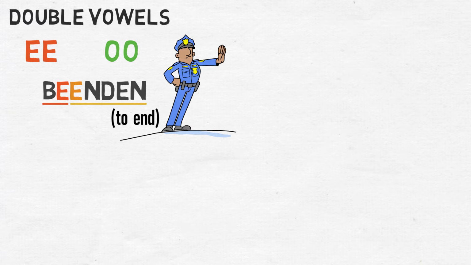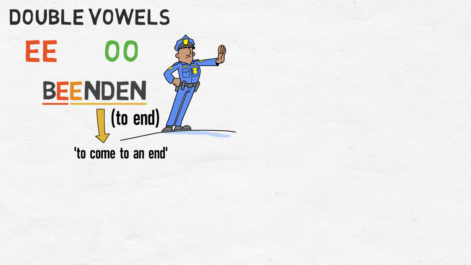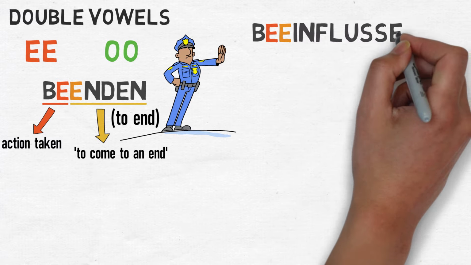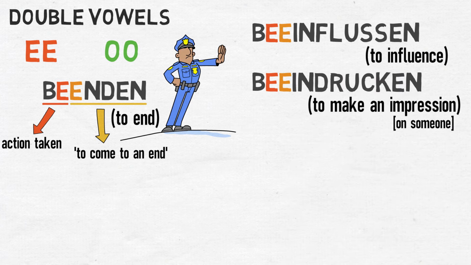In the example of enden versus beenden, enden is something which happens naturally, as in something comes to an end, whereas beenden means the person takes action in order to stop something. Other examples are beeinflussen, to influence, and beeindrucken, to make an impression on someone.